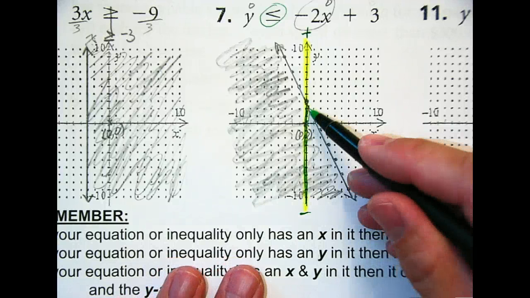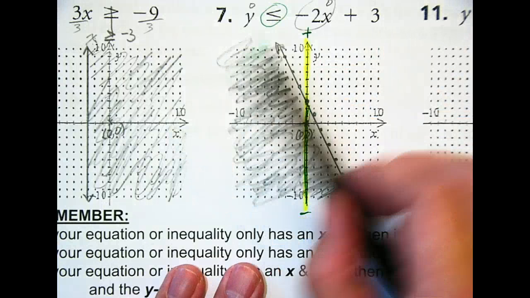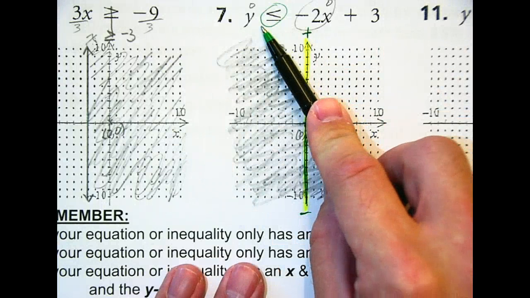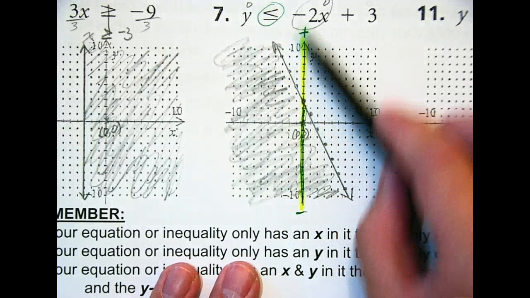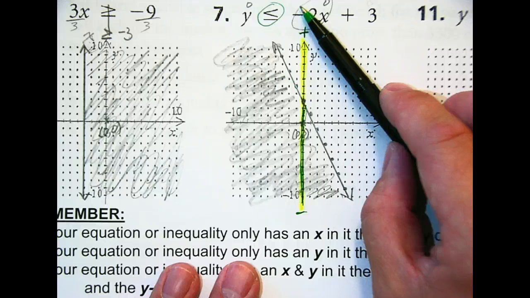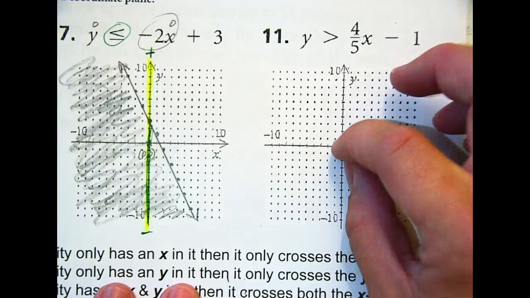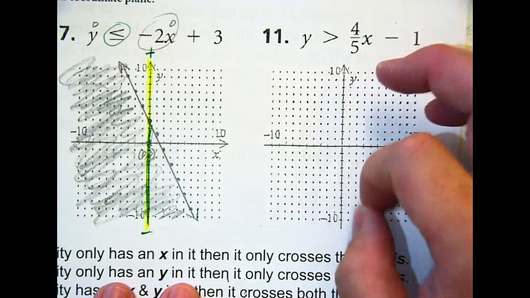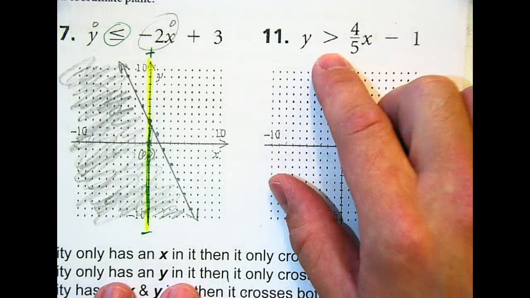So you shade over those lesser values because it's a less than sign. If it was a greater than sign, you'd shade over the greater values on the y-axis. Everyone understand? Okay, so on this one, are you shading the greater values or the lesser values on the y-axis? The greater, because it's a greater than symbol.